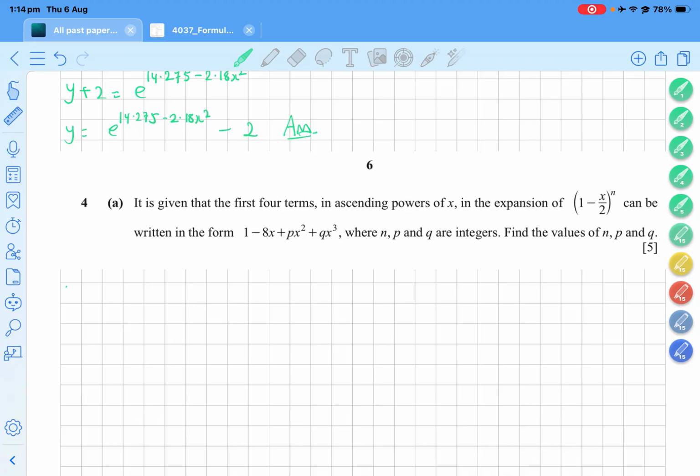My first instinct was to write this thing down and then write the first 4 terms of this thing.